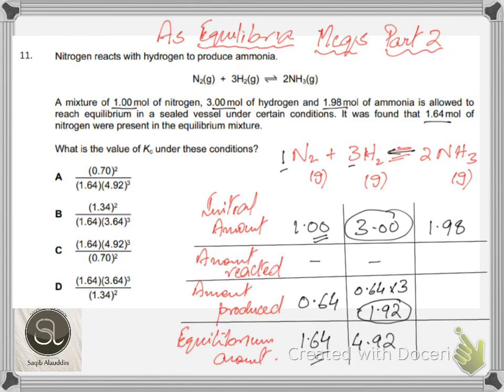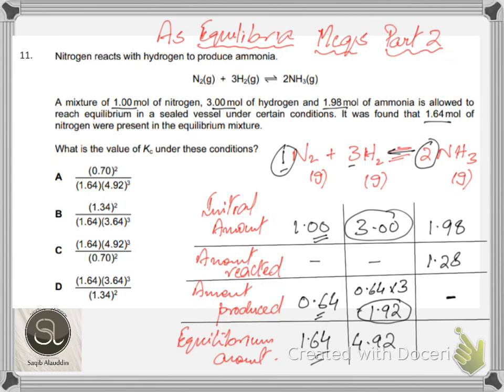Okay, also now remember, since we've already concluded that the reaction was shifted backwards, therefore you do not expect ammonia to be produced, you expect ammonia to react. How much? See, the ratio is 2:1. So if 0.64 moles of nitrogen are produced, double those moles of ammonia would have reacted. So you expect 1.28 moles, double of 0.64, of ammonia to react, to break down.